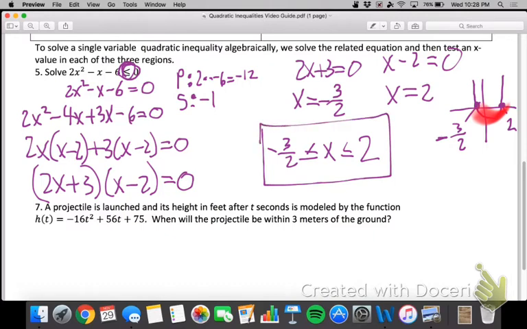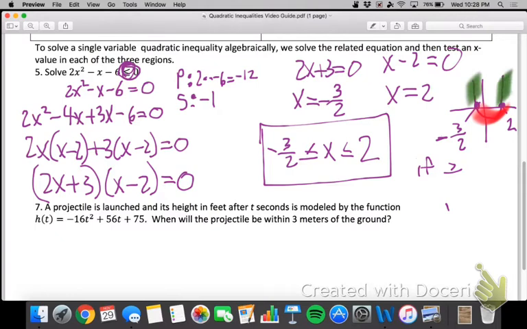If this had been a greater than sign initially, then we would just switch these. So if we were solving greater than, then we would be wanting this part.